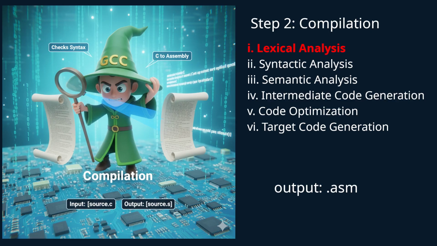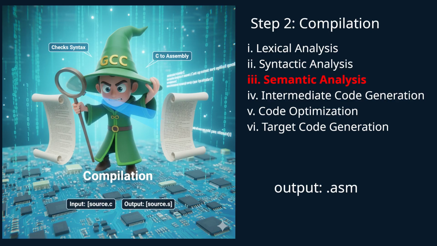The source code is broken down into a stream of tokens: keywords, identifiers, literals, operators. Syntactic analysis. The stream of tokens is checked against the C language grammar rules. If valid, an internal representation called an abstract syntax tree, AST, is created.